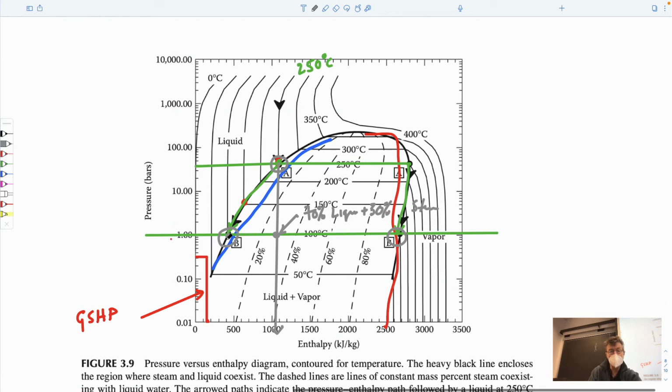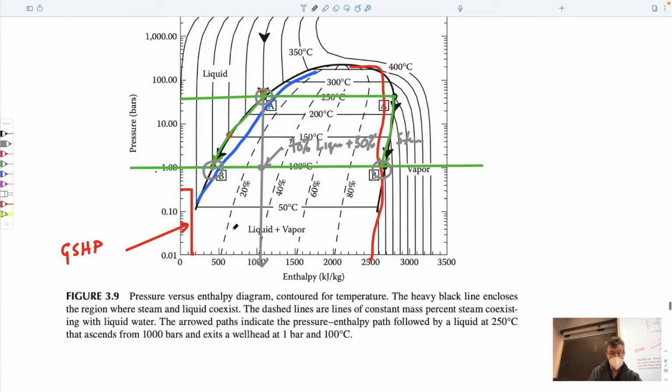But if we know what the enthalpy is of liquid, and we know what the enthalpy of steam is, and so the enthalpy of liquid is going to be what? Something like 400 kilojoules per kilogram. And the enthalpy of pure steam is going to be something like, I don't know, 2,600 kilojoules per kilogram. So these are the two numbers that we use.